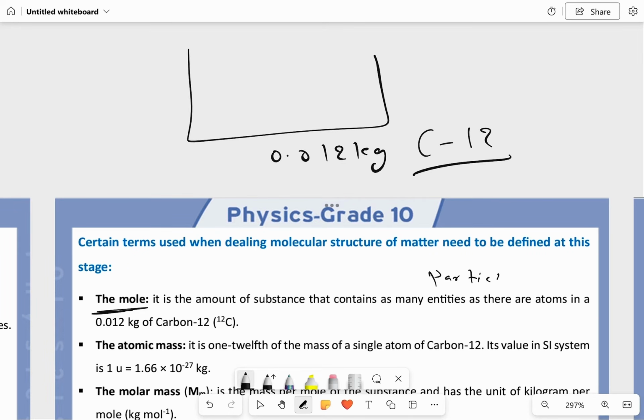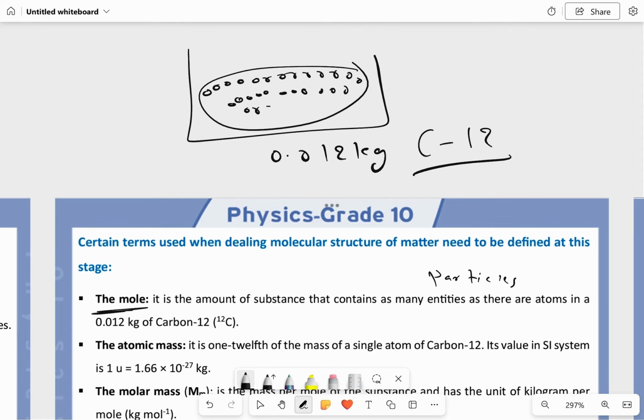Now, if this is 0.012 kilogram of carbon, we are going to measure how many entities we have here. We are going to count each one of them, and this is going to be called 1 mole.